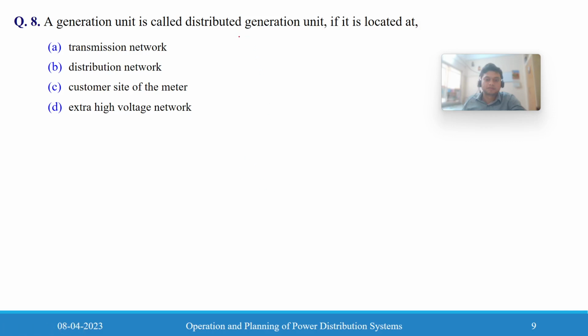Again, this is a multiple select question. More than one choice can be correct. As I mentioned the location of distributed generation in the previous slide, from there you can assume what should be the correct answer for this problem 8.